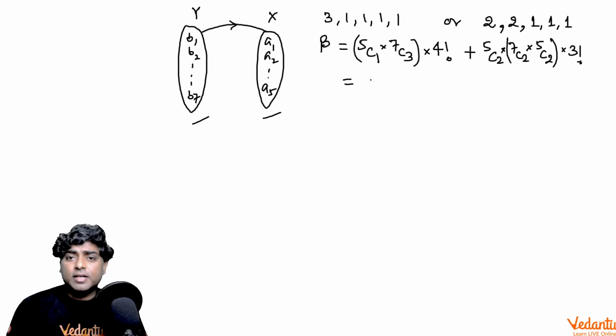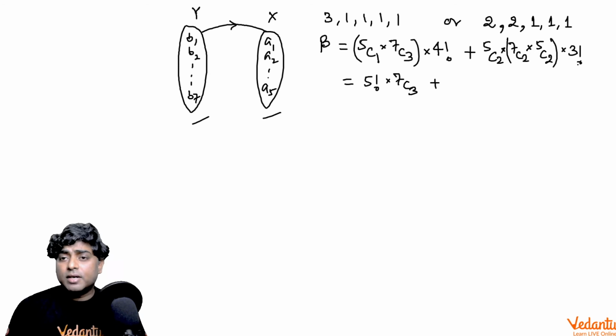If you try to take common 5 factorial, then it is 5 factorial into 7C3, and 3 factorial is already there, so we have to write 4 into 5. If you write 10, 7C2 is 21, okay, 5C2 is again 10 into 3 factorial.